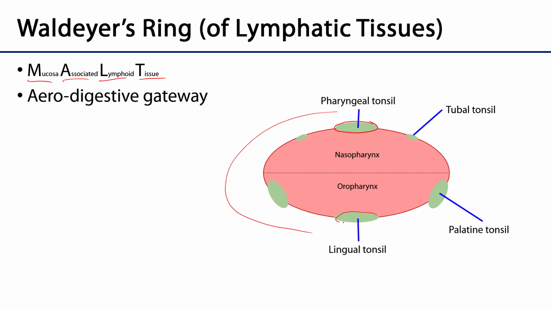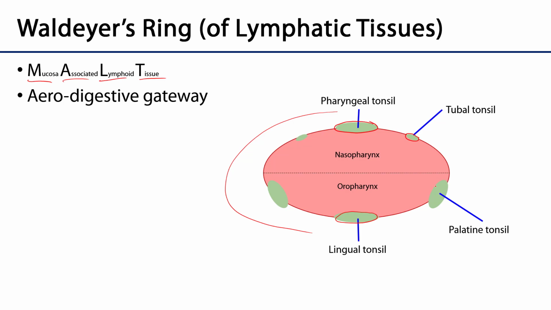At 6 o'clock, we would have the lingual tonsil. And then, maybe somewhere around 1 or 2 o'clock, the tubal tonsils. Those are associated with the pharyngotympanic tube openings.